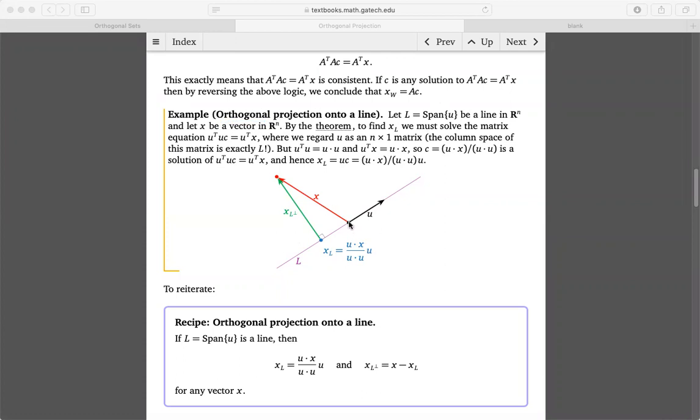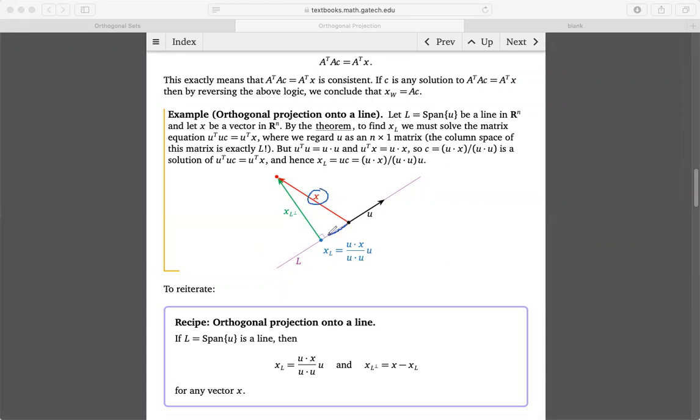So what's shown here is we have this vector x and this vector u here. What's already done really is they've taken x and broken it up into two components.